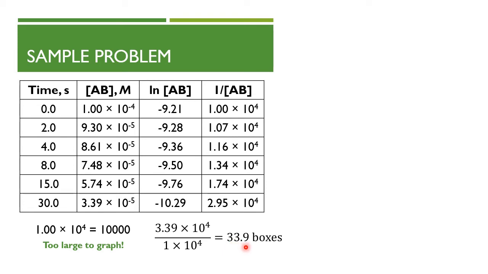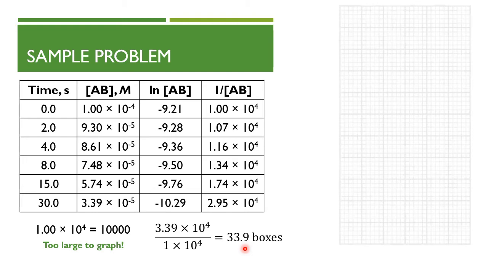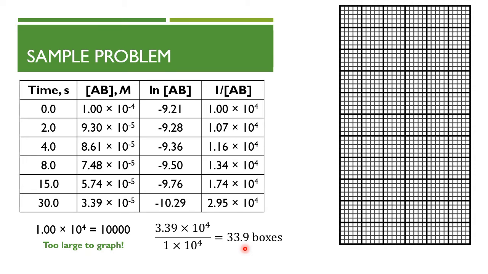But just so we can have a nicer and larger graph, we will then multiply everything by 10. So we need around 33.9 boxes to properly make our graph for the second order reaction. Once more, the value of the time is along the x-axis, all written down in equal increments.